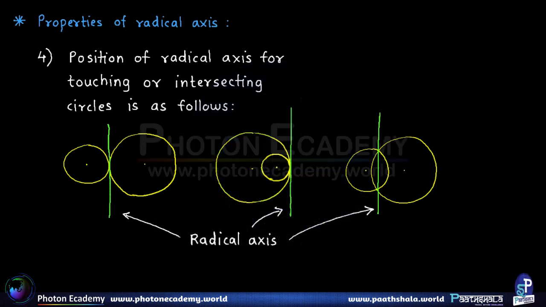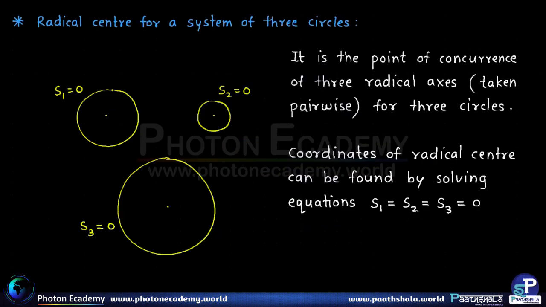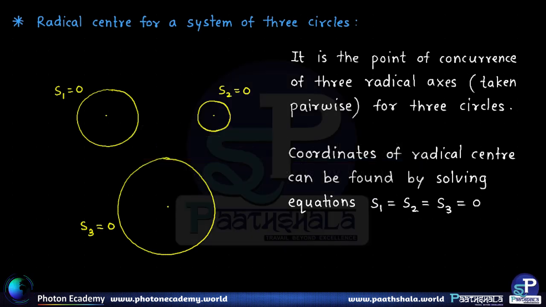Now let's see another concept called the radical center for a system of 3 circles. Let's consider 3 circles with their equations given by S1 equal to 0, S2 equal to 0 and S3 equal to 0. Take the first two circles, S1 and S2, and find their radical axis.